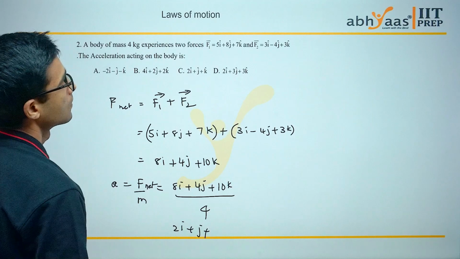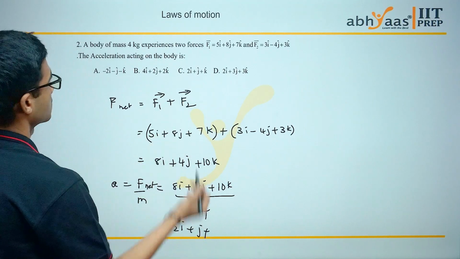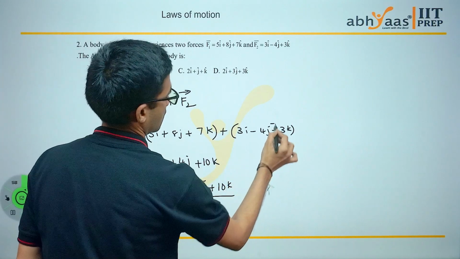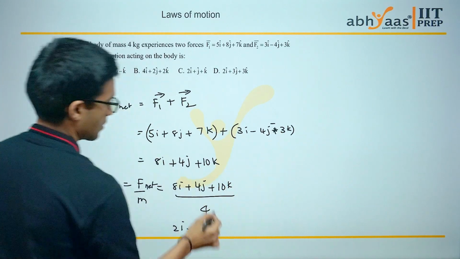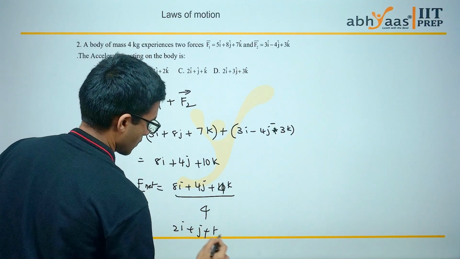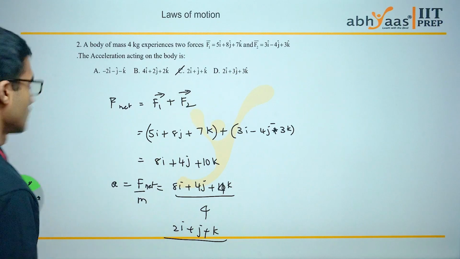Actually the last term is minus 3k, this is a printing mistake, so 7 minus 3 is 4 only, plus k. So 2i plus j plus k is the answer.